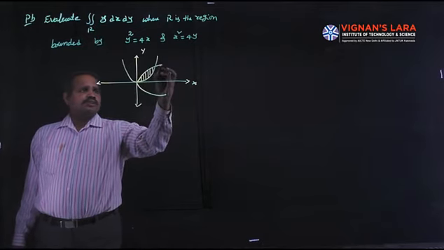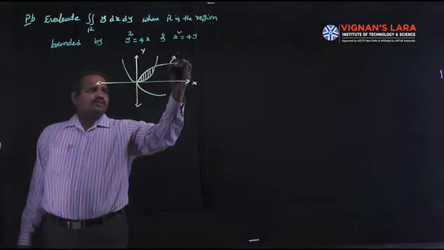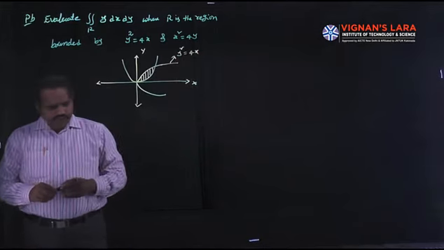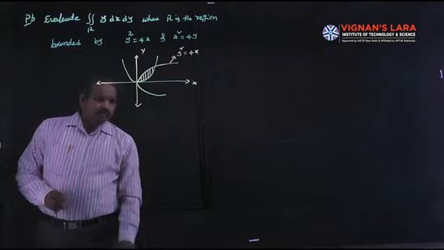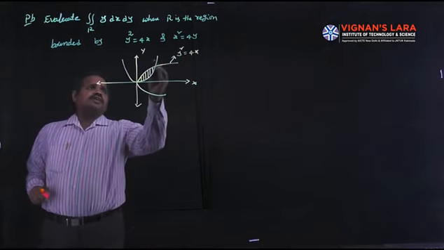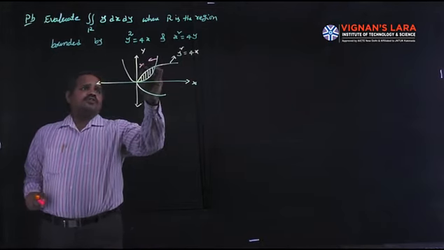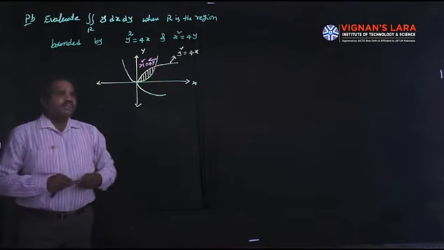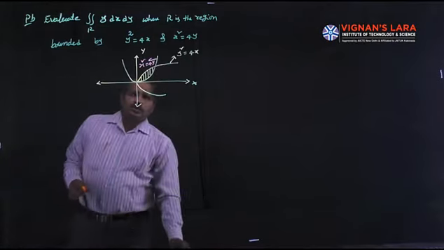And what is this curve? Y square is equal to 4x. And what is the curve of this one? X square is equal to 4y. Y square is equal to 4x and x square is equal to 4y.